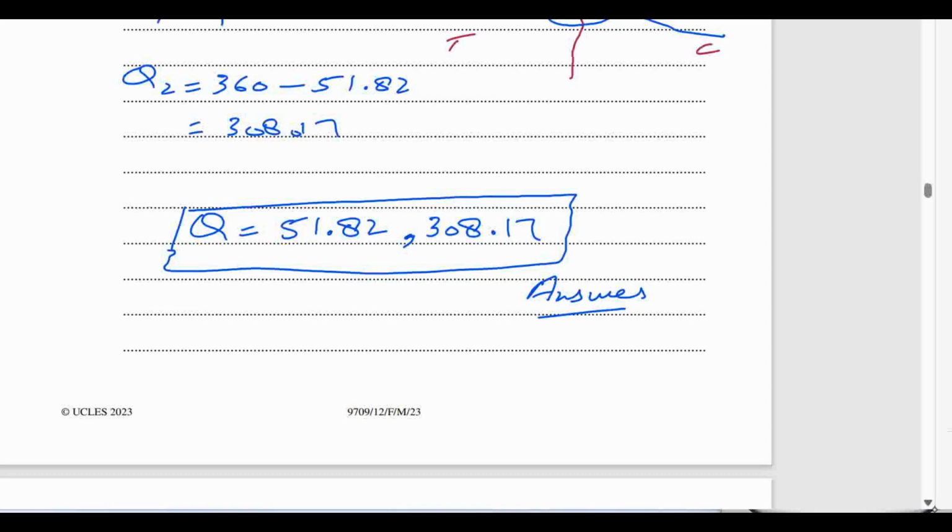Let's move to the next part. Show that this is equal to this thing. Now again we will use the basic formula, that is tan theta is equal to sine theta divided by cos theta.